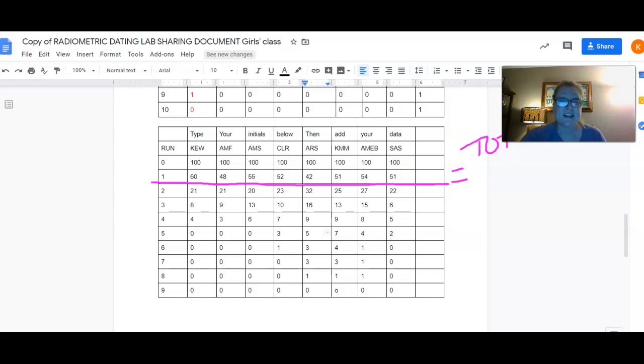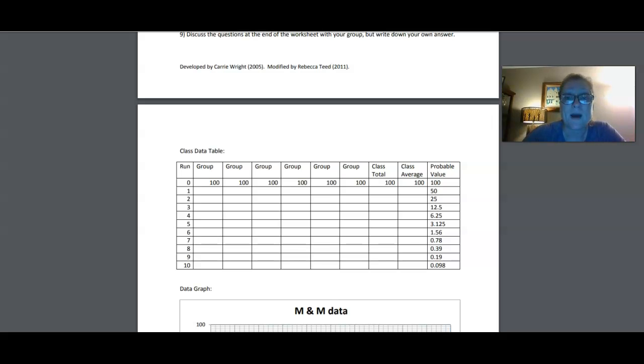Now, what we actually need is the class average. So you need to do all the work of that math. And let's say you got a certain number, right, for your class total. And then you come back and you enter it onto this graph right here. For run 1, which is what we just counted, let's say, I don't know, we got 1800 or something.